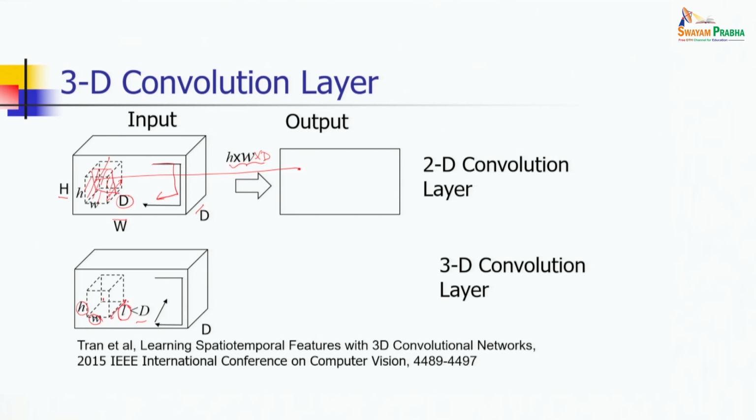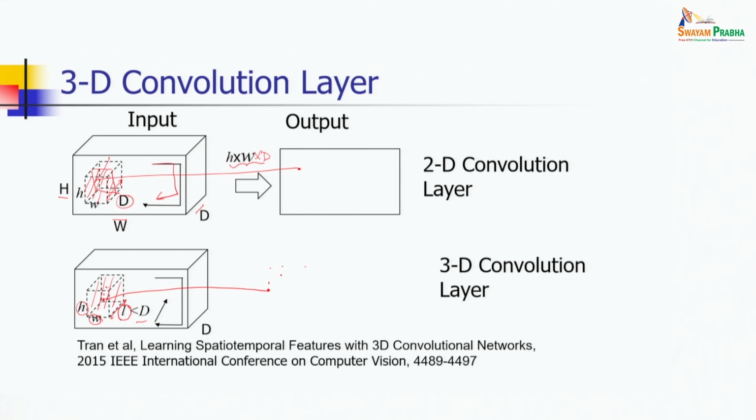Only a few channels, frames or planes of the respective image are considered; you pointwise multiply and then sum them at this point, and for each point in the three-dimensional space you get the corresponding convolved output.